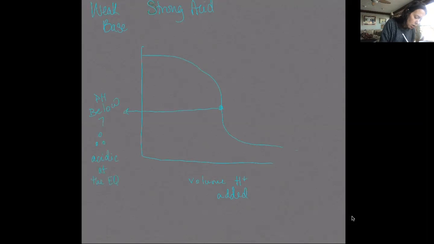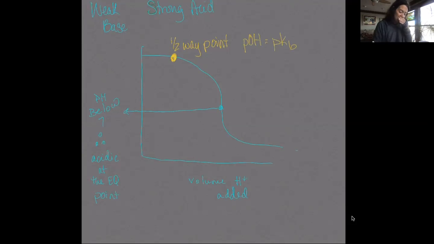And we just need to talk about why. First of all, this would be your halfway point. So we would say that the pOH is equal to the pKb.